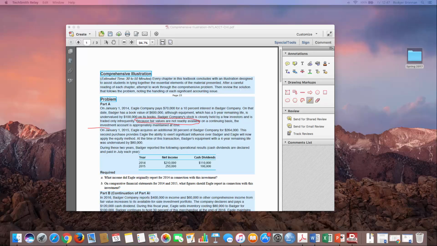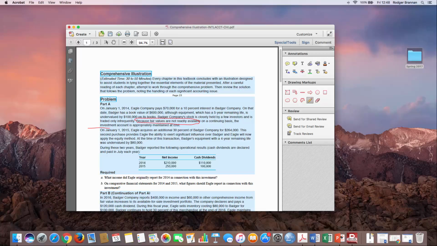And secondly, because there are no readily available market values for the stock, the investment by Eagle will be held at cost. It will simply be maintained at cost because there is no readily available fair market value if it's not traded. And so the choice of available for sale or trading securities is sort of irrelevant.